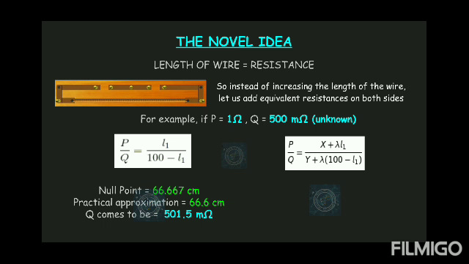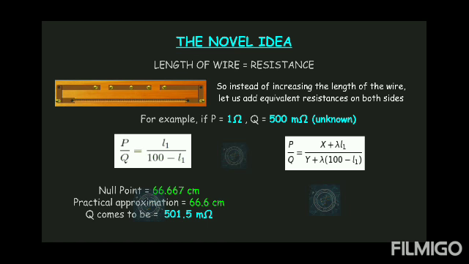So the condition for balance will be something like this. Well, lambda, I already talked about, is the resistance per unit length. So P by Q will be balanced when X on the left hand side plus lambda times L1, where L1 is the length measured from left hand side, divided by Y plus lambda times 100 minus L1. I hope you understand this.